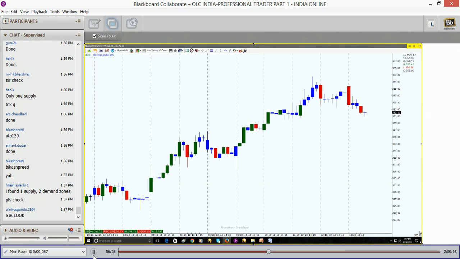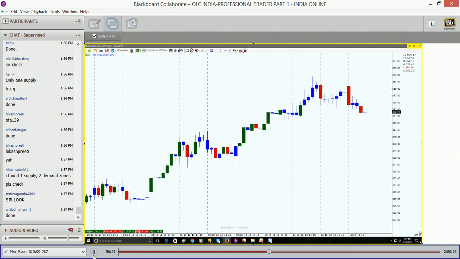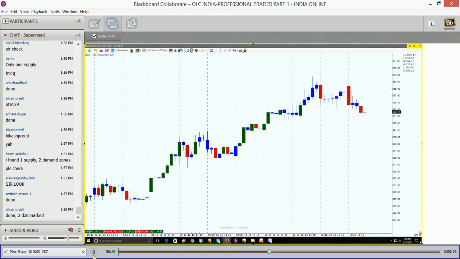Srinivas. Srinivas, you have to unzoom for me to see. No, I can see only one supply zone, Srinivas. What about the demand zones?